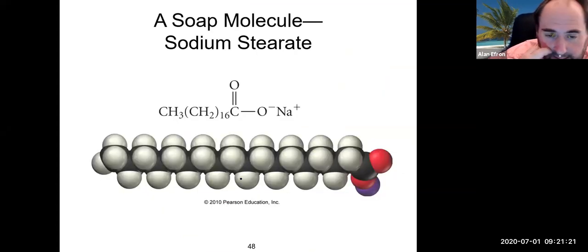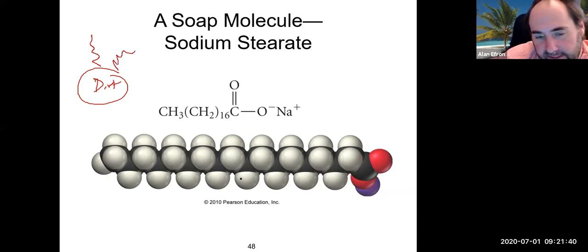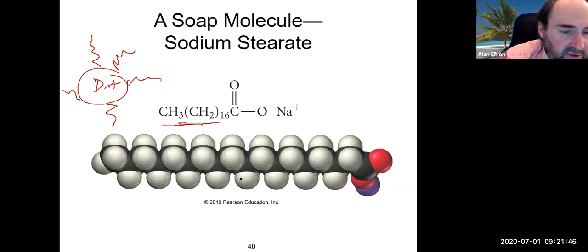So this is sort of like soap, for example. Soap has a polar part and a non-polar part. And that's what makes soap really work, because dirt is non-polar. And the non-polar part of soap, which I'll represent with these squiggle lines, is like all these carbons and hydrogens. It will really trap the dirt because they mix really well together.